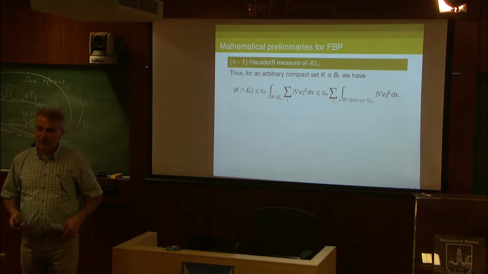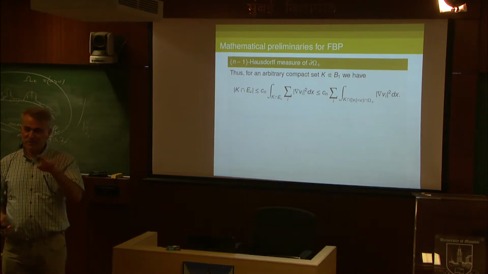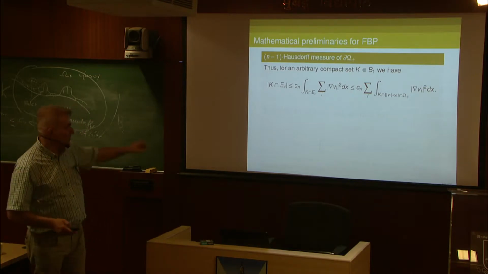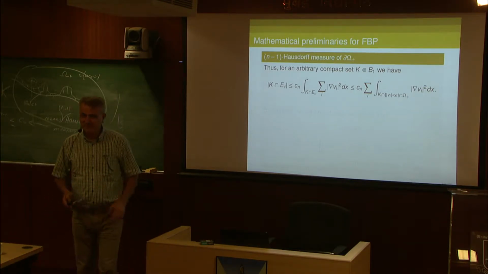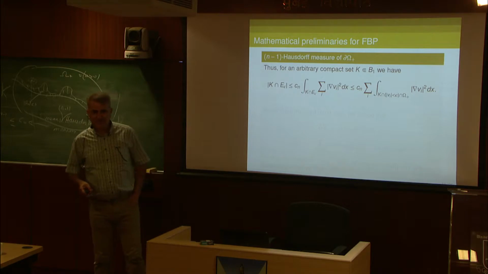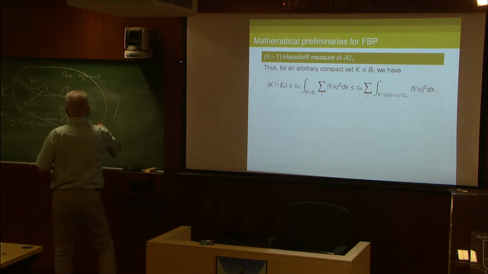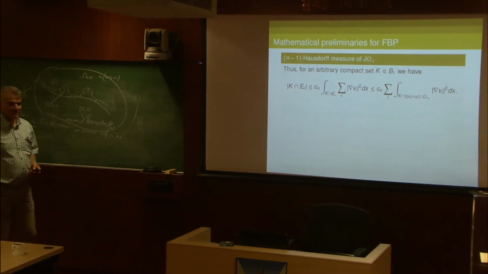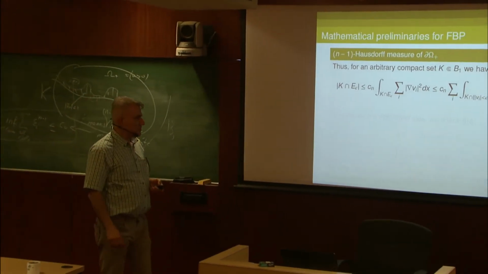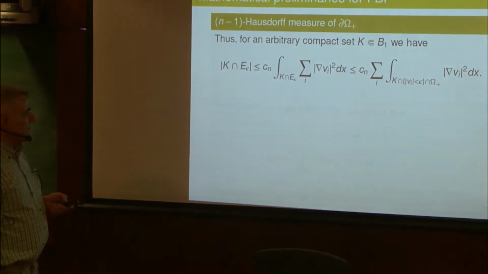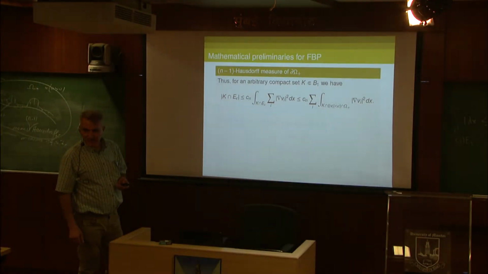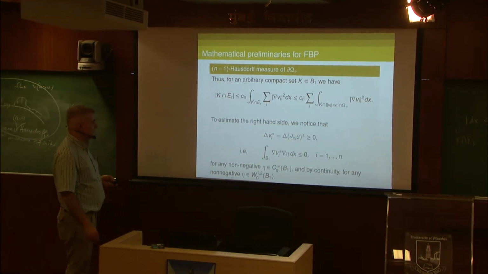So gradient of u is like V1, V2, V3. Now I'm just taking separately each Vi and then adding up over i. I'm making it actually larger. So I'm making this domain a little bit larger. Agree? That this is larger, so it's okay.